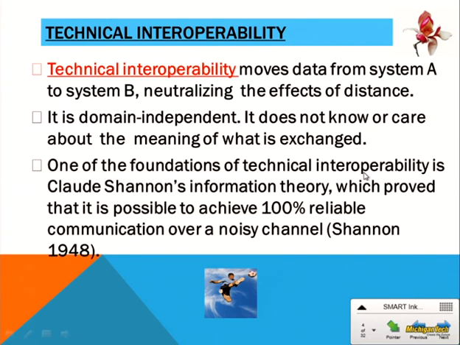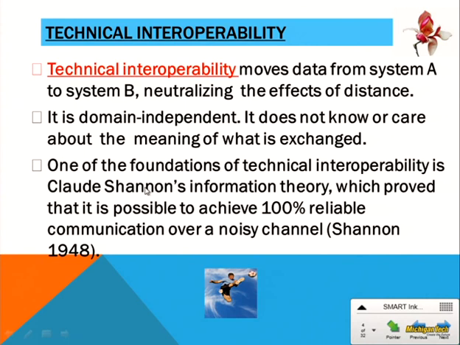Okay? In fact, one of the foundations of technical interoperability is called Shannon's information theory. I'm not sure if you know this one or not. Have you learned Shannon's information theory? No? You should know this one because, for example, the entropy concept all comes from Shannon's information theory.